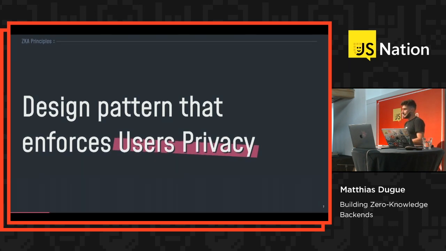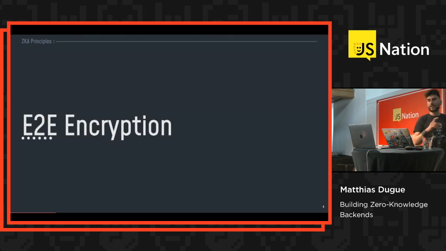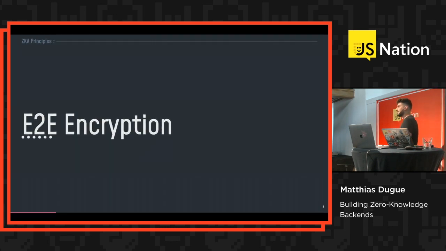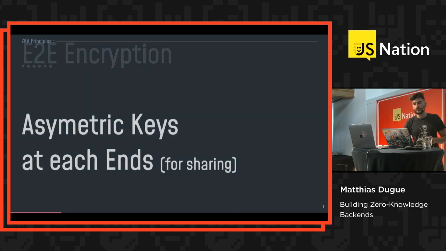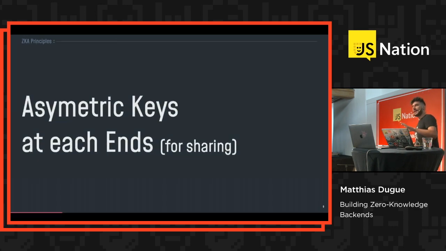And that's all. So we need end-to-end encryption. We need to encrypt the data in the client, and we need to decrypt it on another user's client, because you want to share some blobs of data between your users and your clients. It means that we need to have asymmetric keys at each end for the sharing.